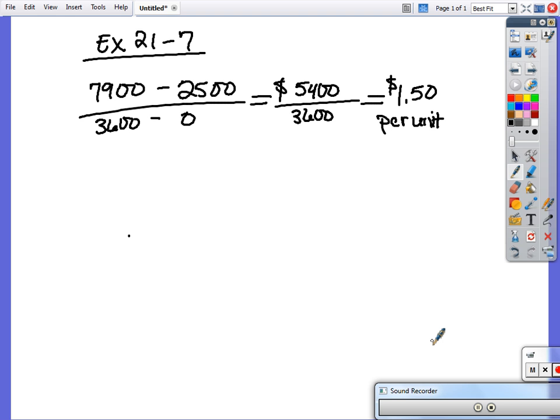The company is subject to a 20% income tax rate. Assume that fixed costs remain at $562,500. Compute 1, the unit sales to earn the target after-tax net income. 2, dollar sales to earn the target after-tax net income.